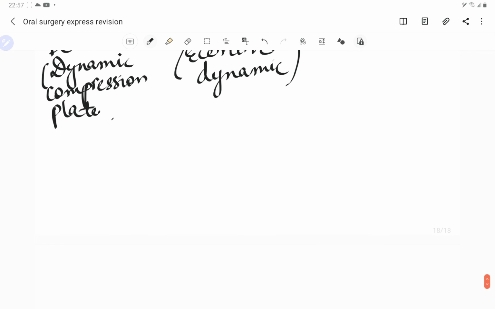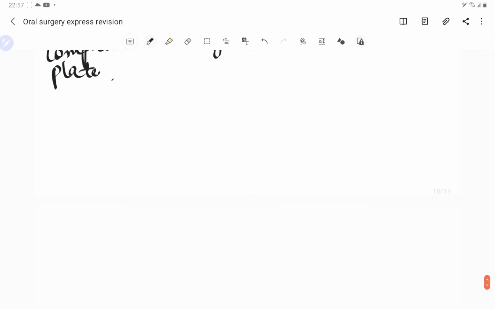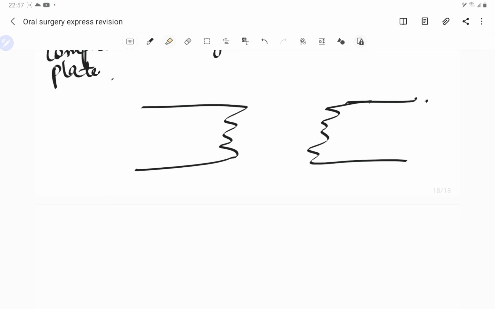So how this plate pulls both fragments together is, first of all, say these are the broken fragments of the bone.